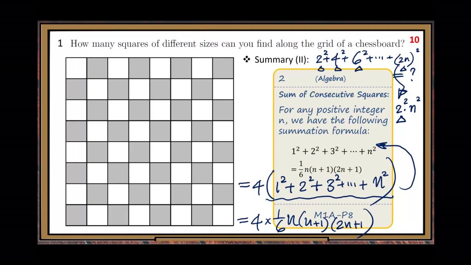Then you can do simplification. So here I show you a simple example to calculate some special form of summations using this standard formula, the flashcard number 2 standard formula.